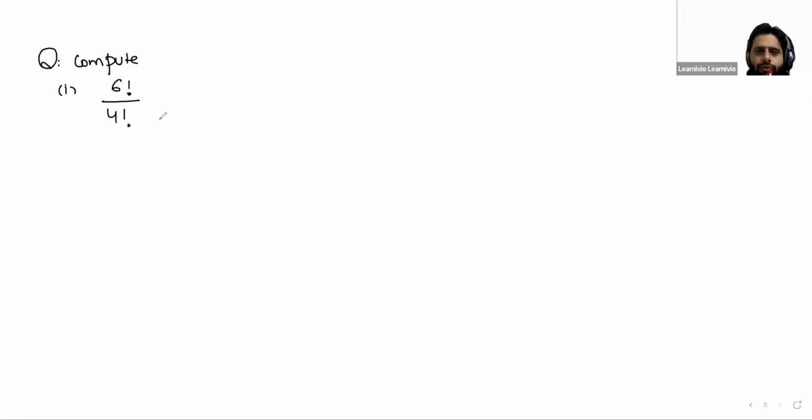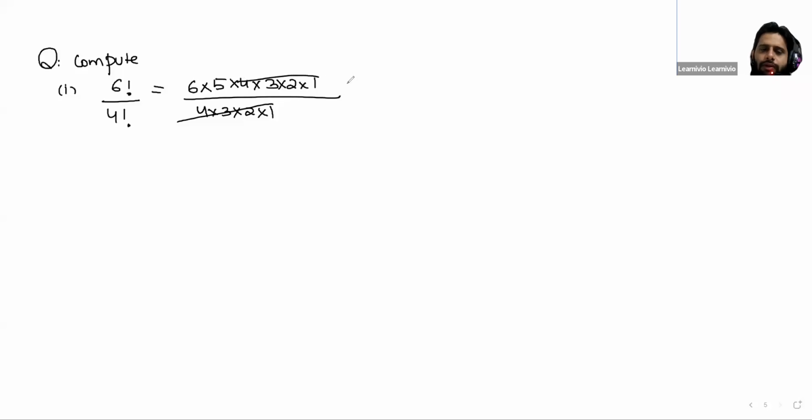We have two methods to solve these types of questions. First, we can expand this completely. For example, 6 into 5 into 4 into 3 into 2 into 1, and similarly we will expand the denominator, 4 into 3 into 2 into 1. Now we can cancel out, and we can say the answer is 30. But this is a very lengthy method, so we will not use this.